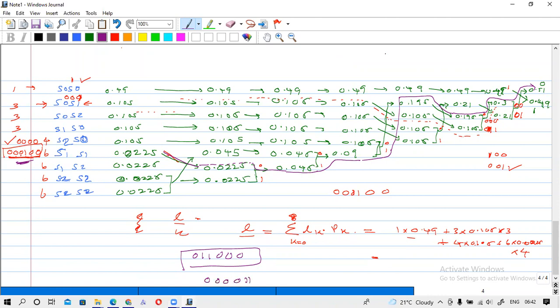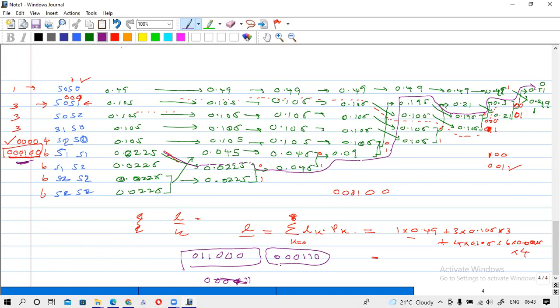Is it correct? 0 0 0 1 1 0. So if I write it other side, it will be C, because you have to read in this way. So it will be 0 0 0 1 1 0. So this is the correct one. The answer is correct. Is it okay?